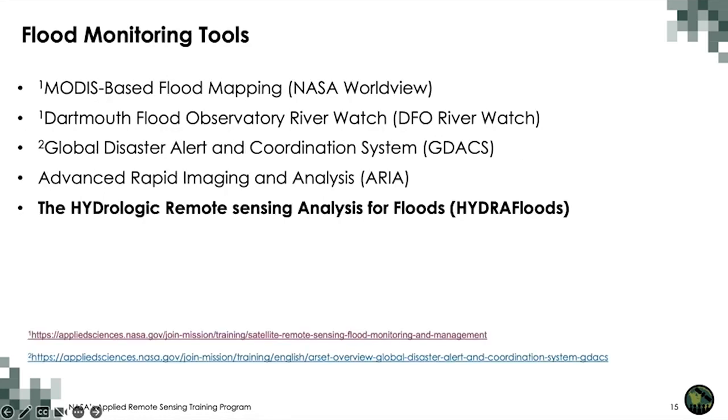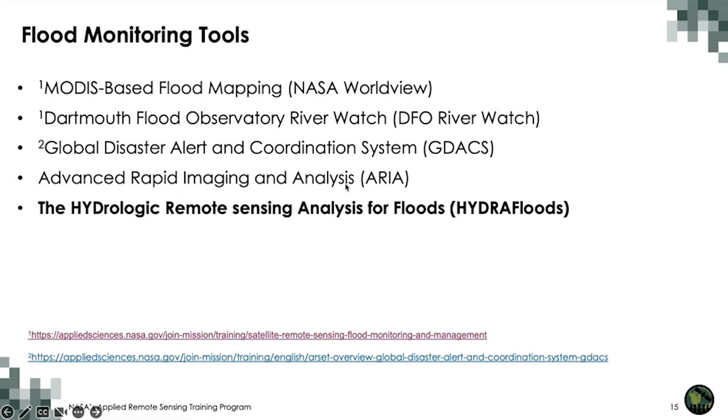This is the list of open source flood monitoring tools based on remote sensing. The first three tools are MODIS-based flood mapping, Dartmouth Flood Observatory or DFO, and Global Disaster Alert and Coordination System or GDACS. These three have been around for a long time, and ARSET trainings have covered all these three tools in detail, and the links are provided here.